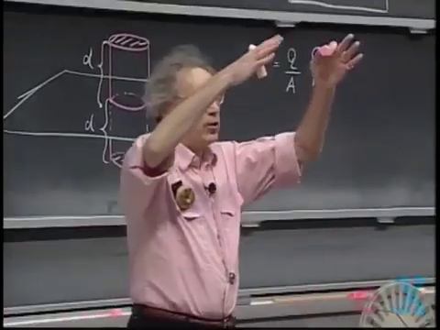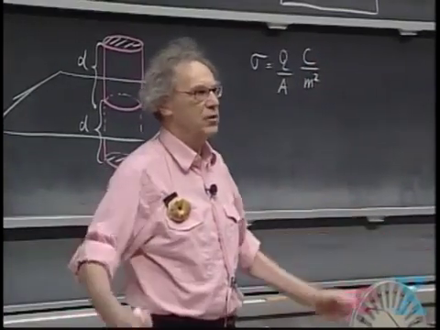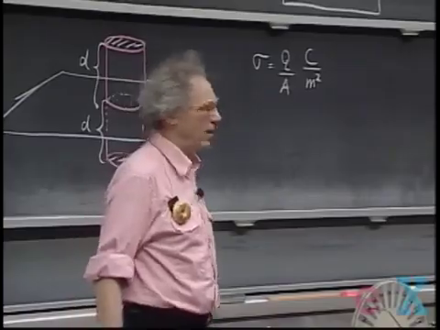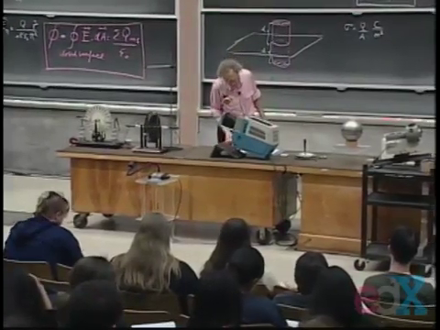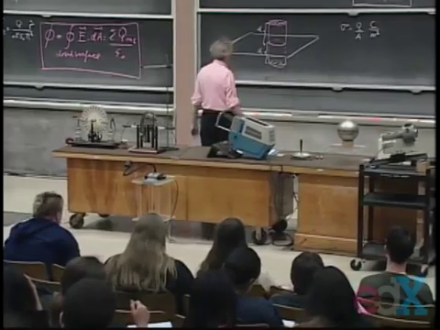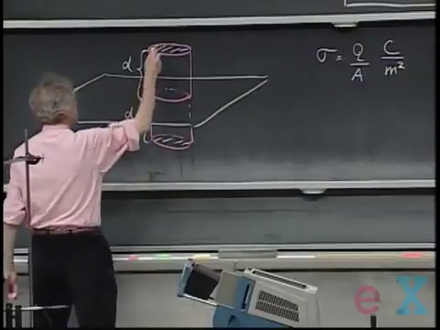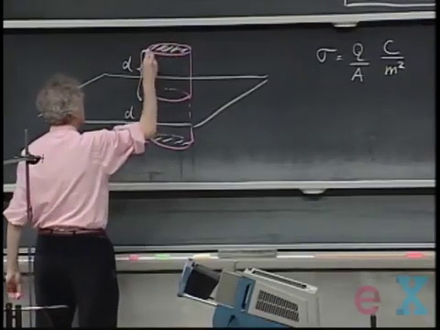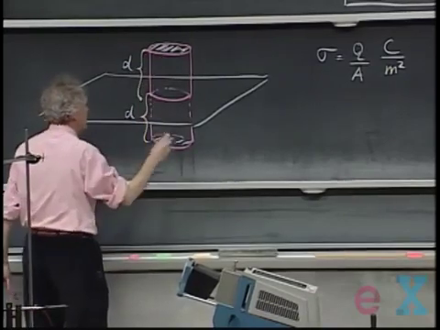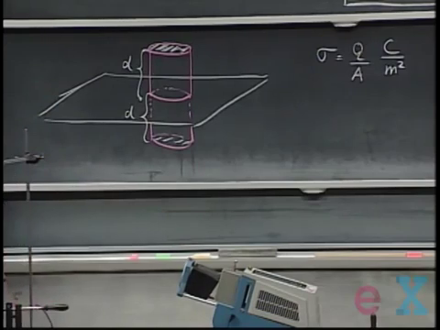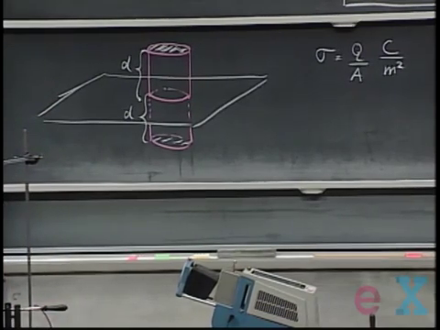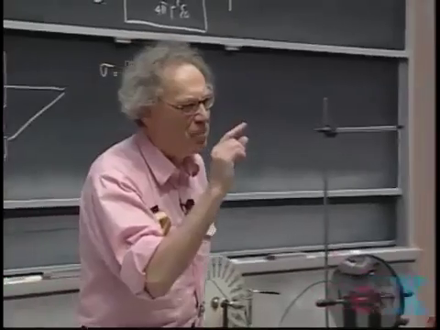If you don't make them vertical, if you do this, you're dead in the water. You can't use Gauss' law very effectively. And then the third argument, which is very important, that this flat surface is a distance d above the plane, and that this flat surface is exactly the same distance below the plane. And you can already smell why that is important.